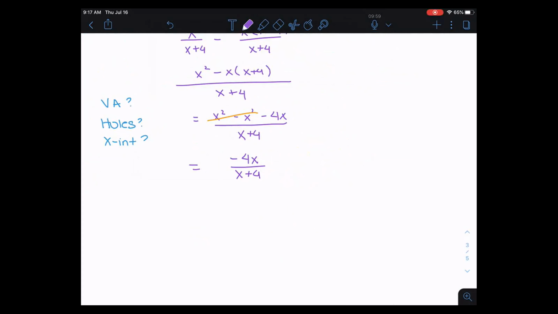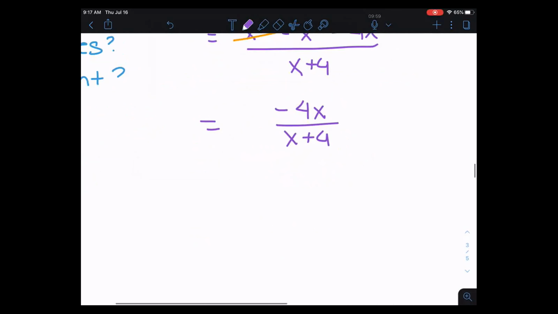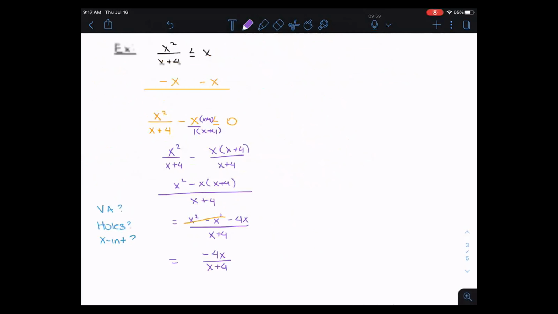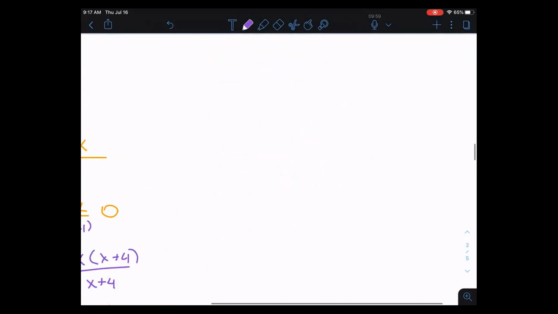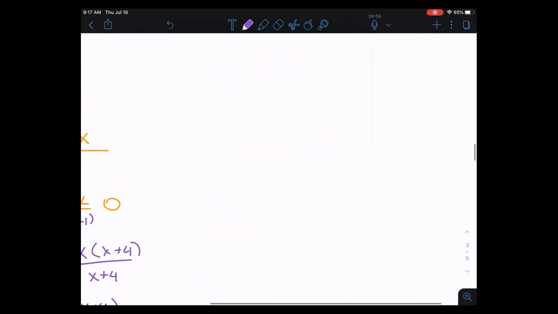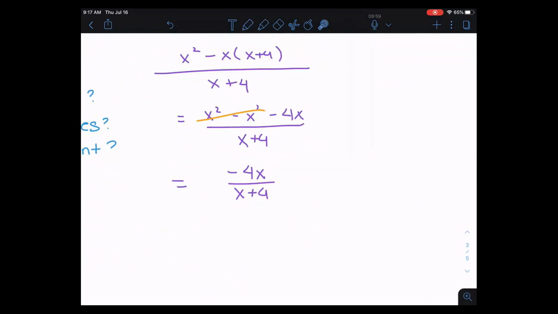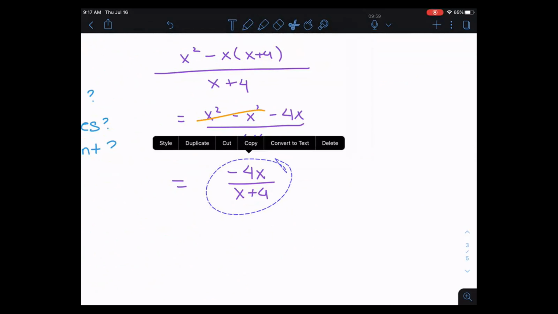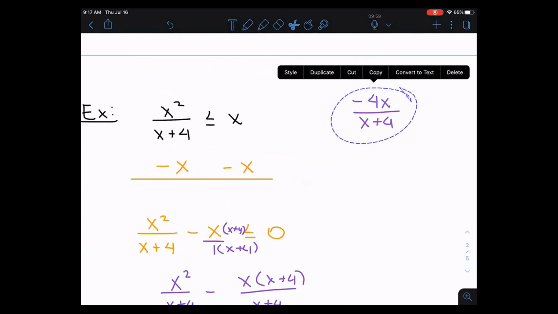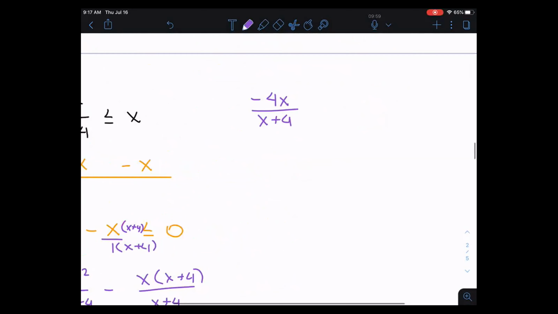All right, so now let's actually see where our vertical asymptotes are. I'm going to write that up here. So let's do our vertical asymptotes first. So we know that this is our function, and we're going to ask ourselves, where are the vertical asymptotes?